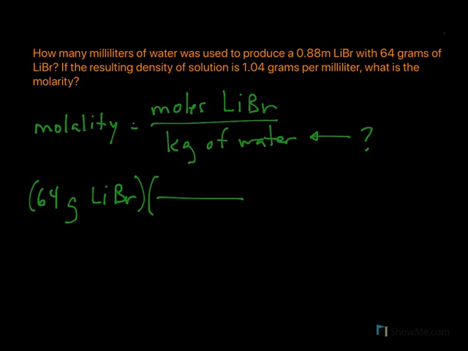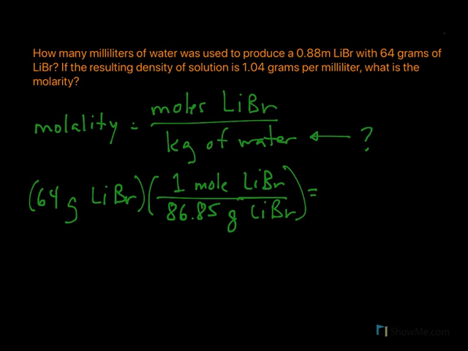That means we'll divide it by the molecular weight of lithium bromide, which is 86.85 grams of lithium bromide, equivalent to 1 mole of lithium bromide. So we get 0.737 moles of lithium bromide.